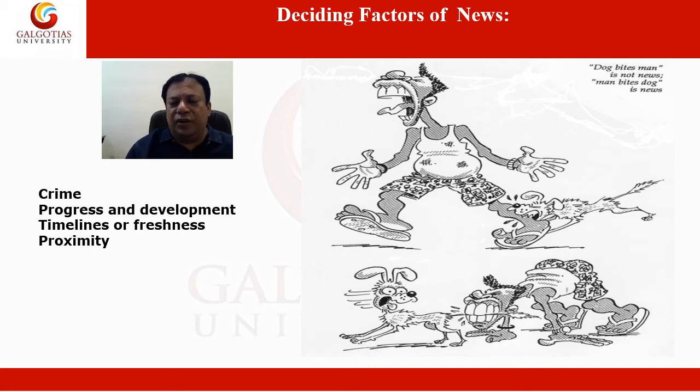Sometimes international news also becomes very important, because that nation is closely associated with India, or its impact is going to affect us. So these are the things which are very important, and whenever we decide news, we also have to consider all these parameters.